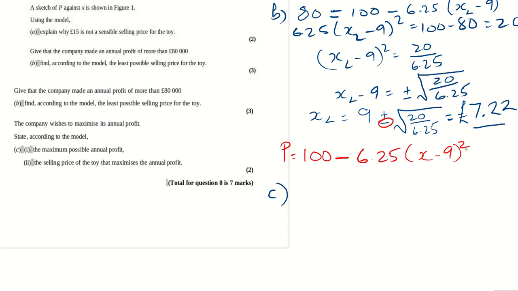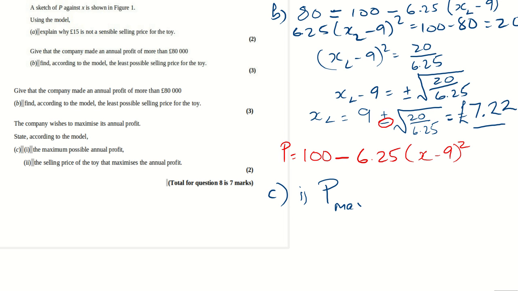And because it's a square number here, this is always going to be positive no matter what the value of x. So we're always going to be subtracting something from 100.